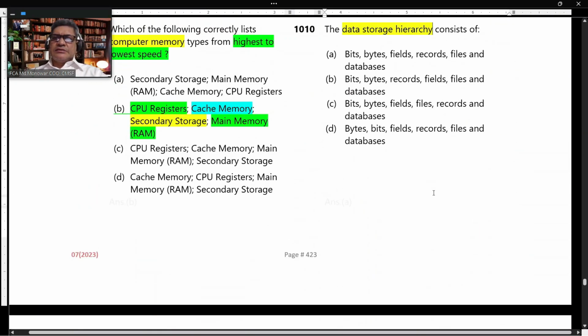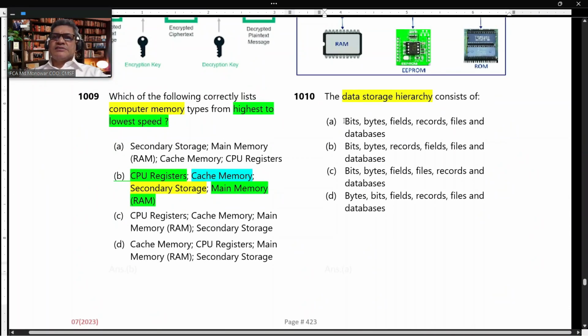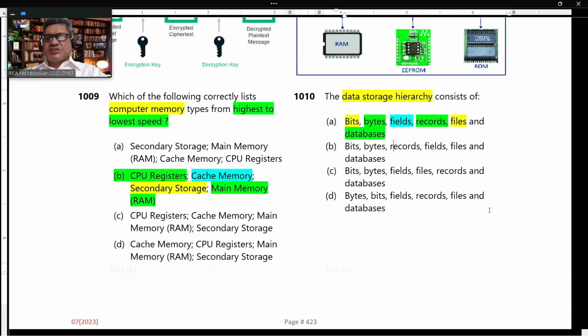The answer starts with bits, and we know 8 bits make a byte, bytes are kept in a field, fields make a record within the file, and all together make the database. So here the answer is A. The data storage hierarchy consists of bits, bytes, fields, records, files, and database.